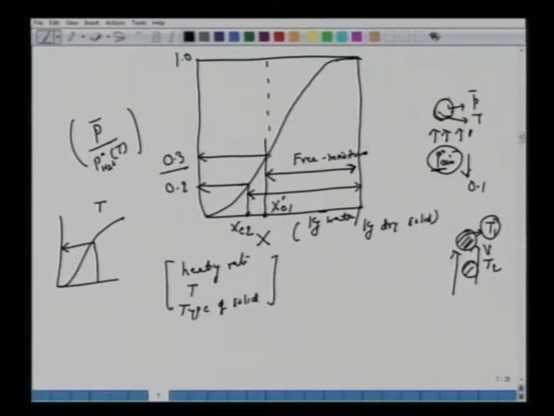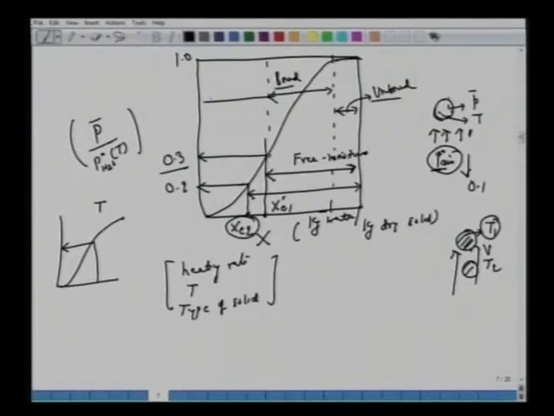Right now we have defined equilibrium moisture content, we have defined free moisture, and here we can define one more, which we will call unbound moisture. And then the remaining, right from here to here, we can call bound moisture.